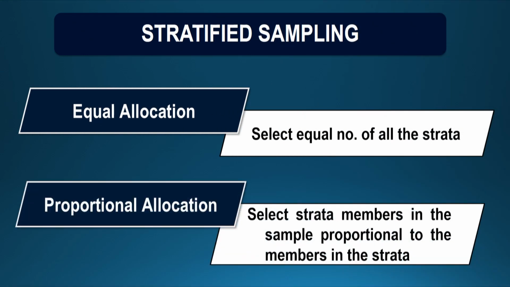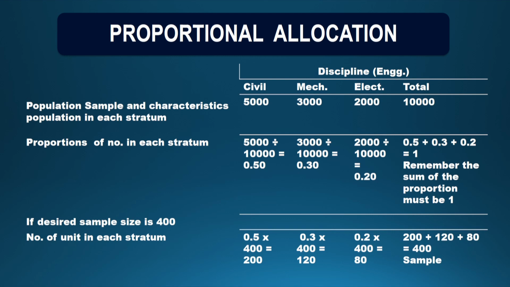In proportional allocation, select strata members in the sample proportional to the members in the strata. For example, if there are 10,000 students of different engineering branches in the city of Chandigarh, India, and for civil engineering there are 5,000 students, for mechanical engineering 3,000, and for electrical engineering 2,000 students.